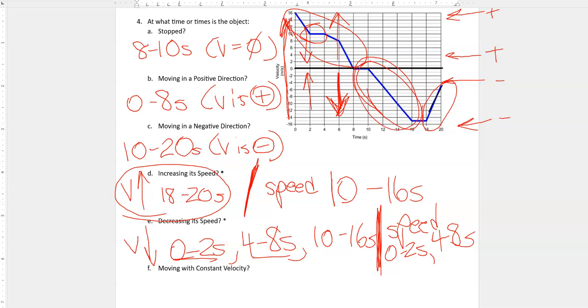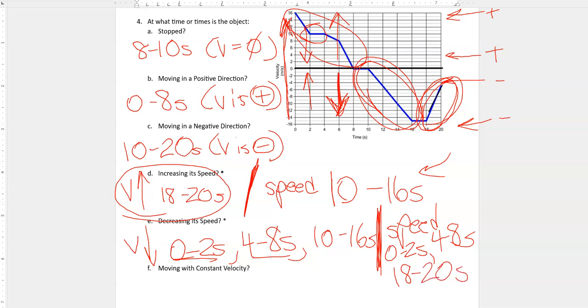But in the case of 10 to 16 seconds, velocity is decreasing, but speed is increasing. We already made note of that right here. But from 18 to 20 seconds, velocity is increasing, but speed is closer to zero. So we would include the 18 to 20 second range here.